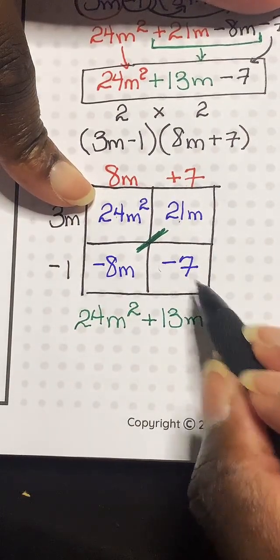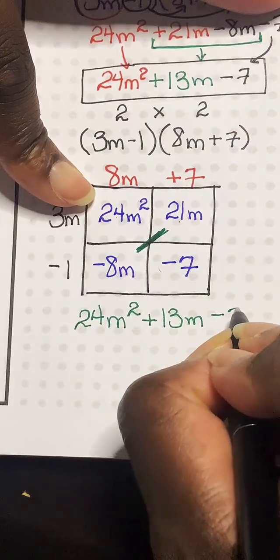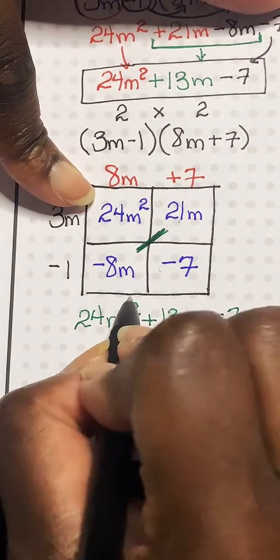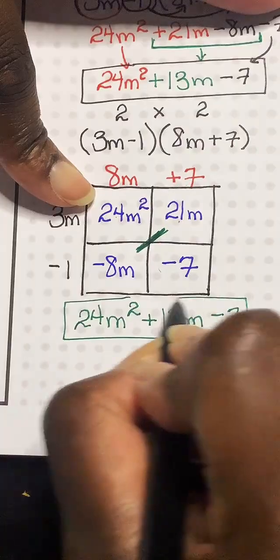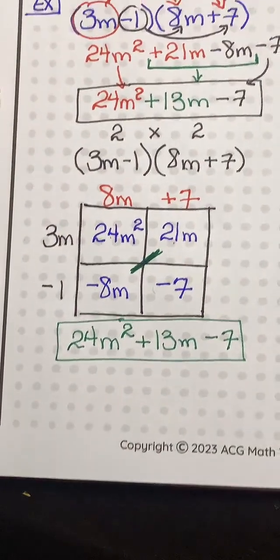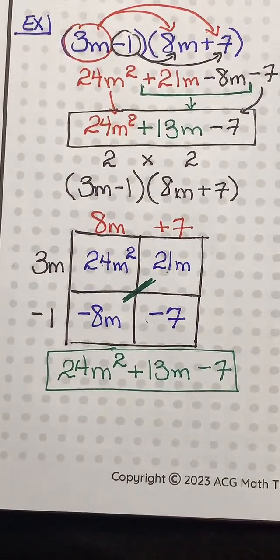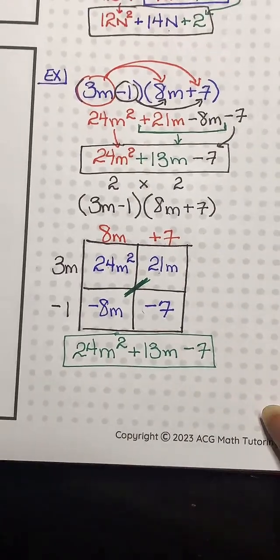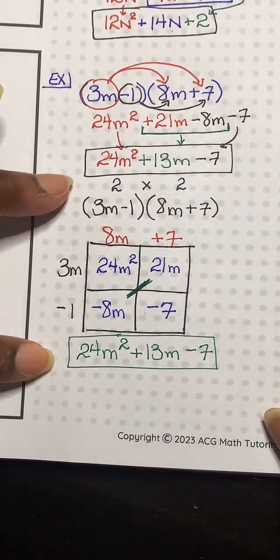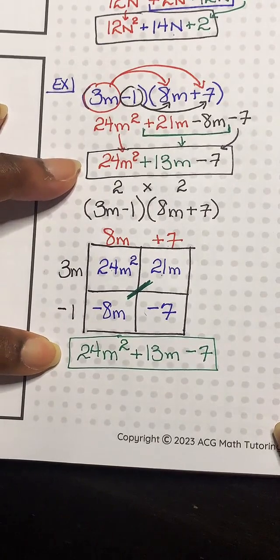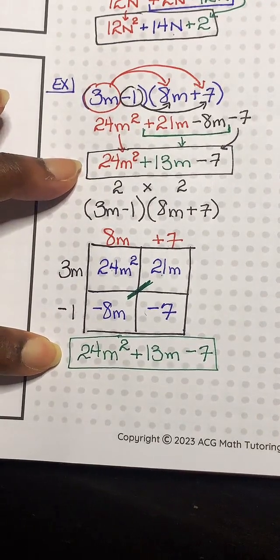And then what's left over is my constant, which is -7. And if you notice, you get the same answer. Okay, you get the same answer.